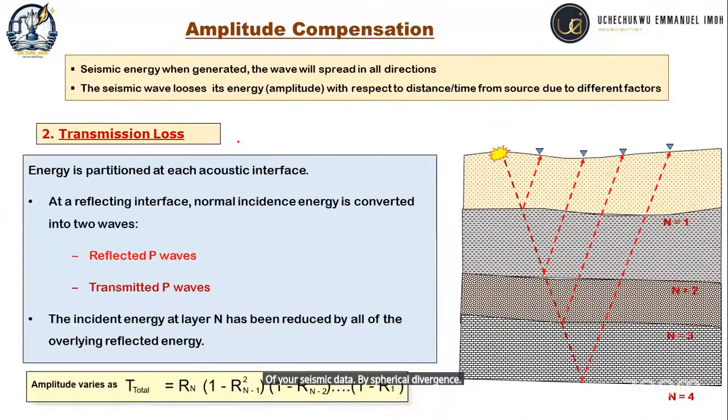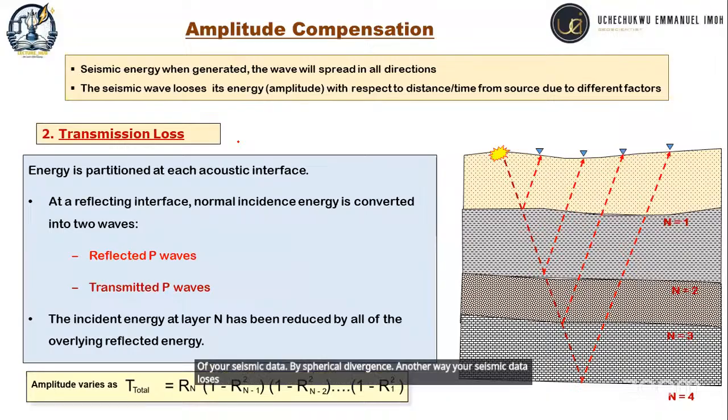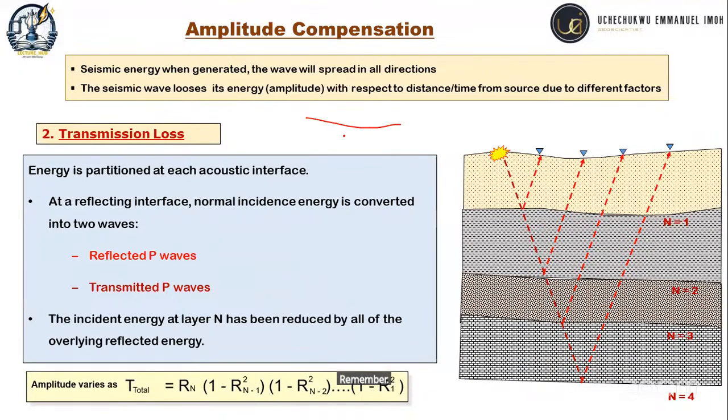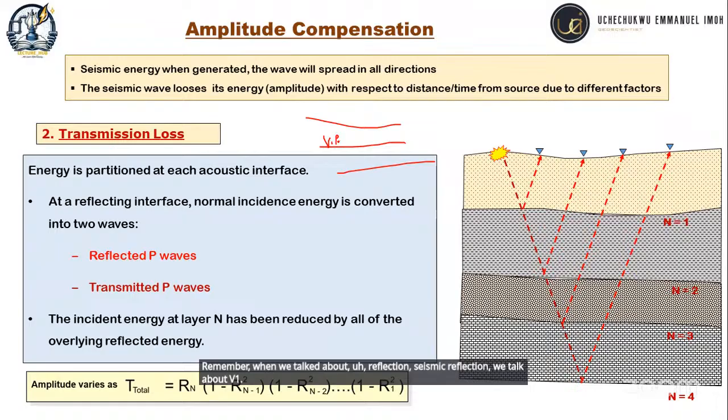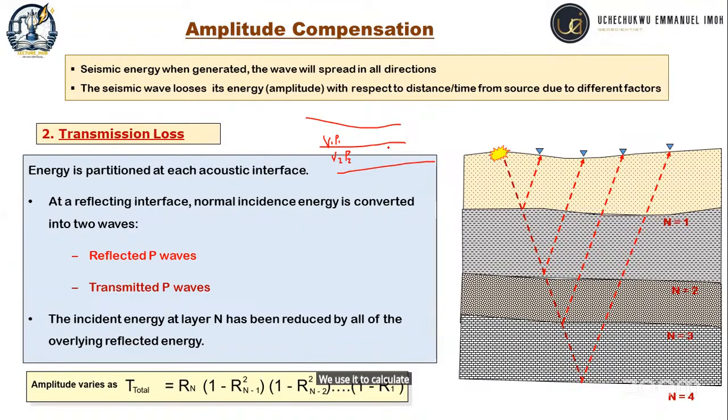Another way your seismic data loses its energy is what we call transmission loss. Remember, when we talked about seismic reflection, we talked about density 1, velocity 1, density 2, velocity 2, right? What did you use these parameters to calculate?